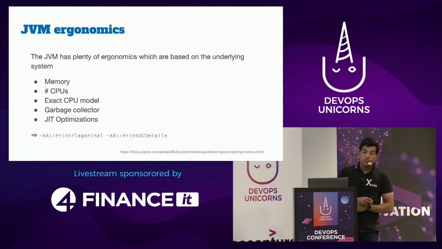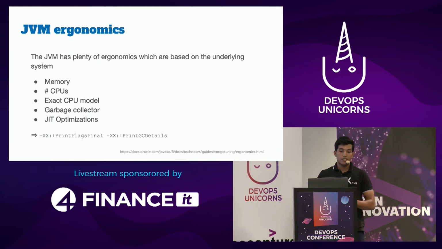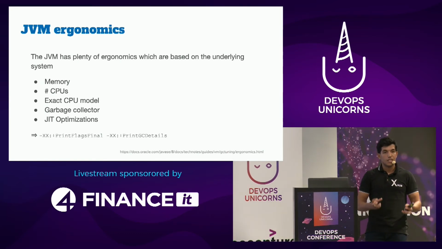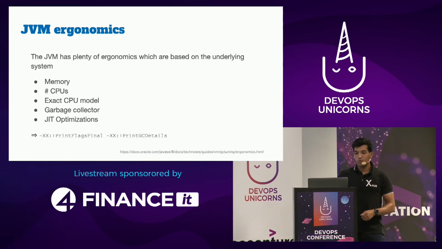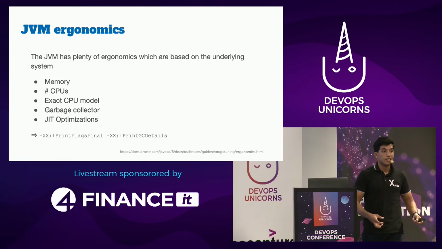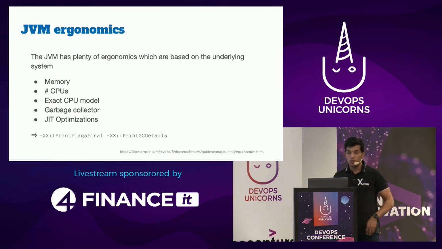Another part of the question is JVM ergonomics. As we have seen in the demo, if no tuning parameters are passed to it, the JVM will try to tune and adapt itself to ensure the best performance in the execution environment. It does that by collecting information from the underlying host, such as memory, the number of CPUs, and so on.